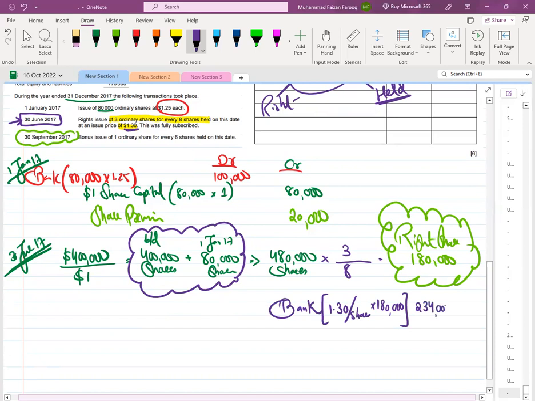Sir, isn't 1.3 the market value? Shouldn't this be ignored? No, this is the issue price. It's written that the right is issued at 1.3. So 180,000 shares times 1.3. We generated $234,000 with the issuance of right shares.